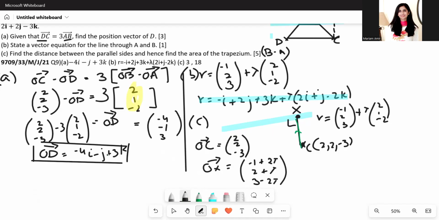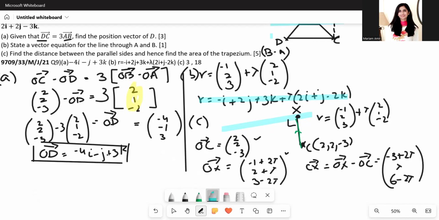So CX would be OX minus OC, which, let's subtract these two, we get (-3 plus 2 lambda, lambda, 6 minus 2 lambda).